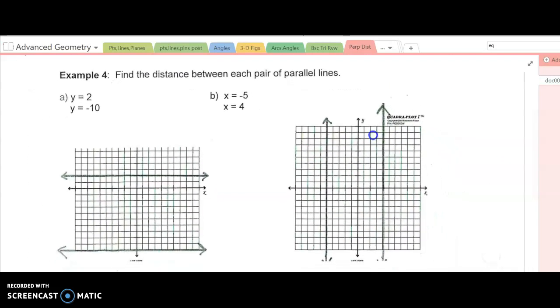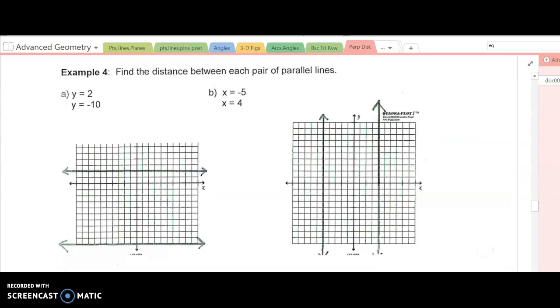So, and then the last example we have here, find the distance between each pair of parallel lines. Well, now we know that distance is perpendicular distance, and so we know that we can just make a line that is perfectly perpendicular to both of our parallel lines, and that red line, since it's perpendicular to both, will represent our distance.